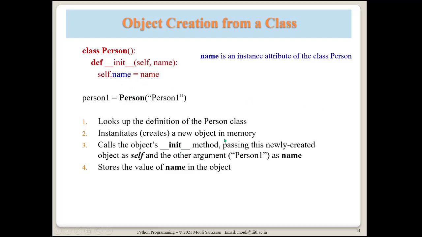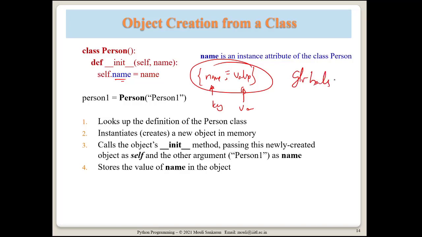Why am I saying value here? Because all the variables in the class are maintained as a dictionary, where the ID is the key and the value of that ID is the value, whatever is assigned. It is like globals, which maintains all the variables in the global area as a dictionary.